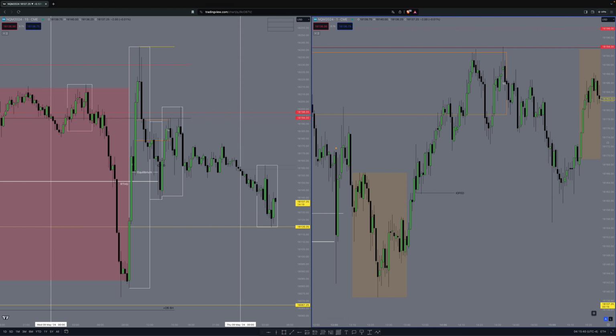As you can see in my execution video, I took more partials here after I see the price is stuck here. After that, I see the price reversing from the high of the 15-minute inverse fair value gap, and then I was like, you know what, I don't want to waste my time here anymore, and just closed it.